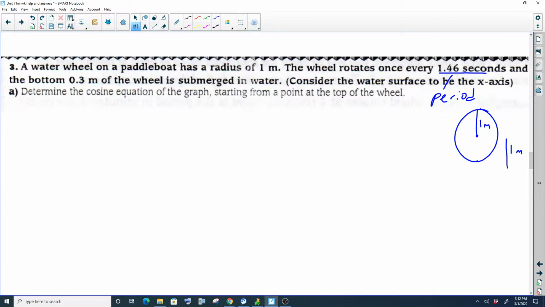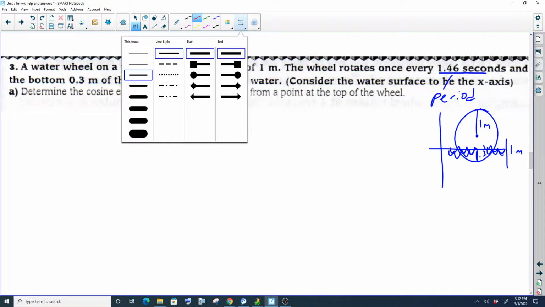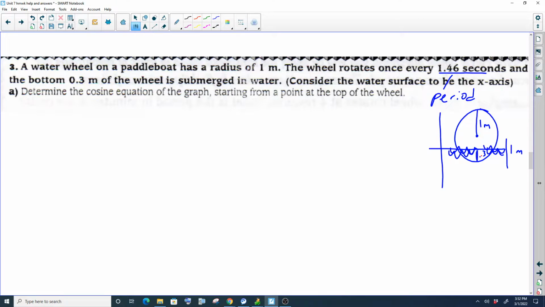So we have a distance here of 0.3 that is submerged. That's supposed to be water. Sorry, water. So 0.3 of it, let's do that in red, is submerged in water.